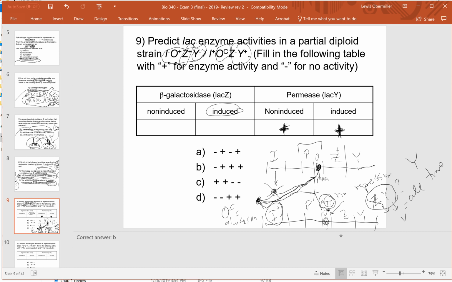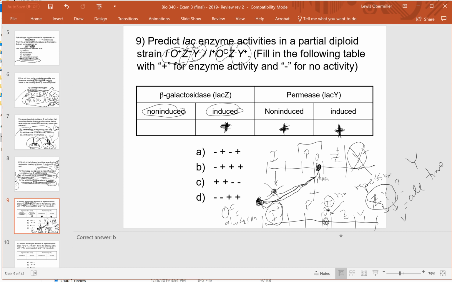So Z will be made, so Z would be plus. And this one, the Y is minus, so even though the mRNA gets made, the protein won't work.